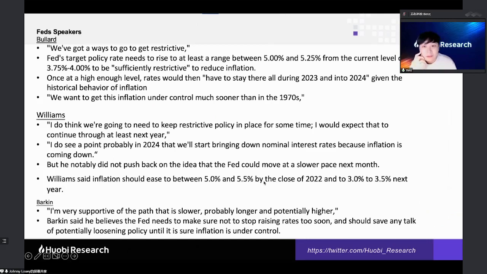I think they also want to keep their credibility, and that's why I think they won't back down in terms of curbing inflation. So it's just a matter of time, whether at a slower pace or at a faster pace, with the latter potentially wrecking the economy.